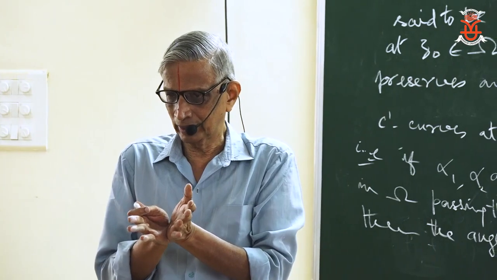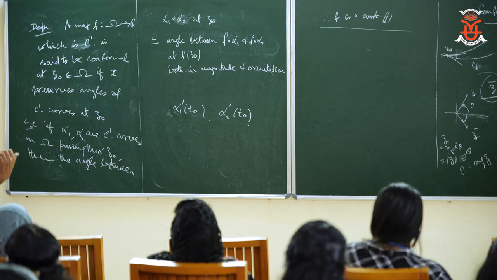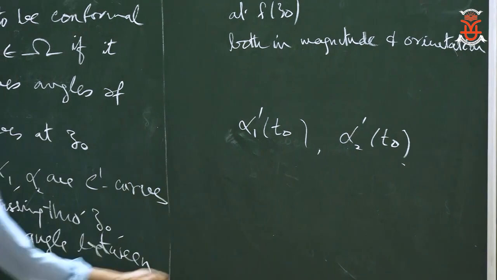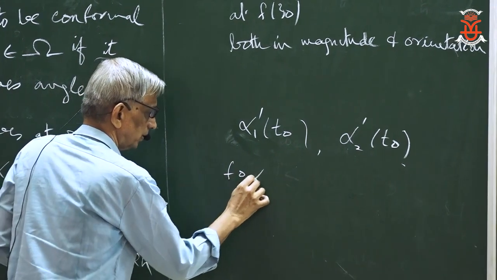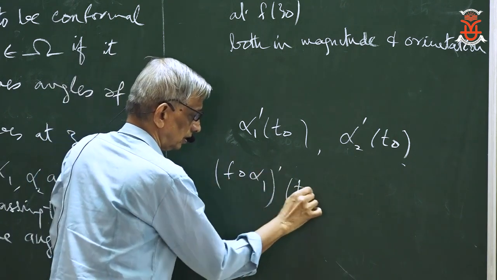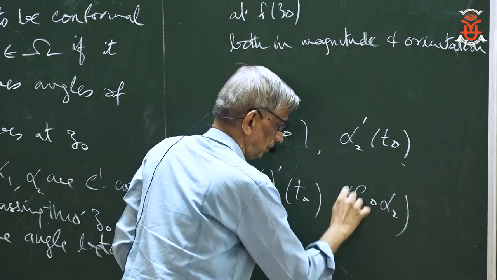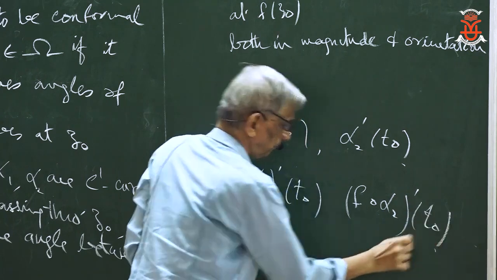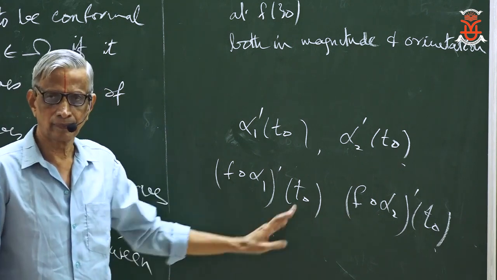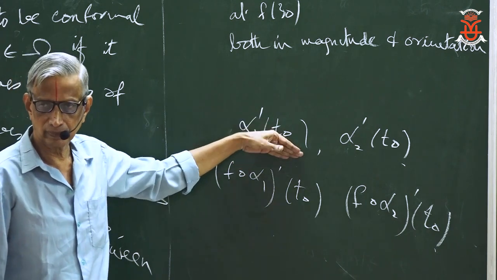So the angle between them is the difference in the arguments, right? The image curves, if you take a function f, you have to look at the angle between this, and we want to see when this is the same as the angle between this.